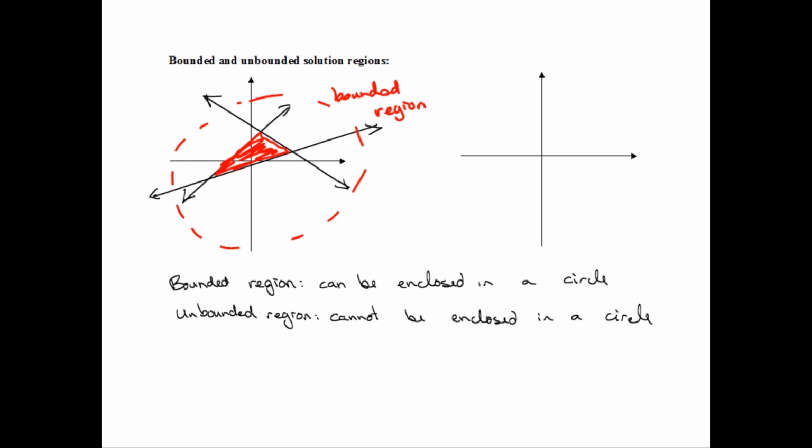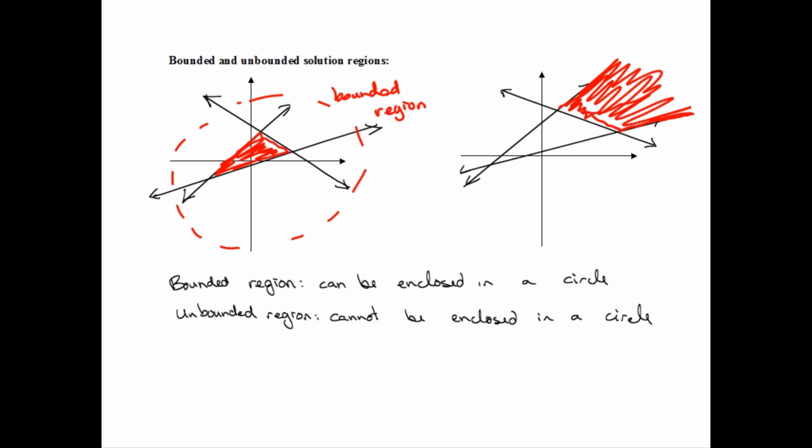And now let's suppose that we had something that looked like this. Here's a line. Let's say these are some lines, and let's say it turned out that our feasible region was everything like this.